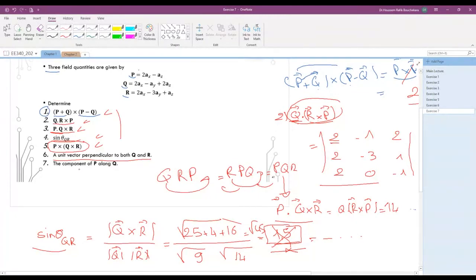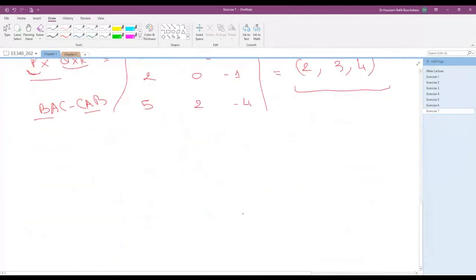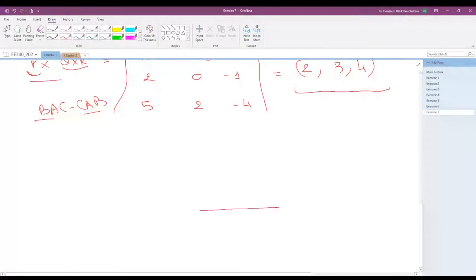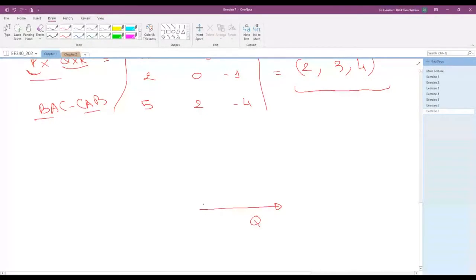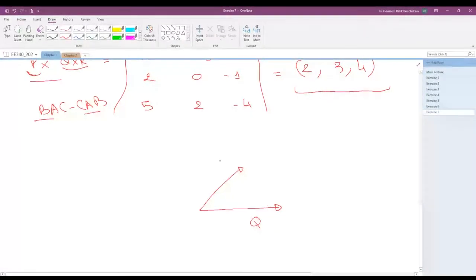Question number 6 asks for a unit vector perpendicular to both Q and R. Let's assume this is Q and this is R. These are two vectors.